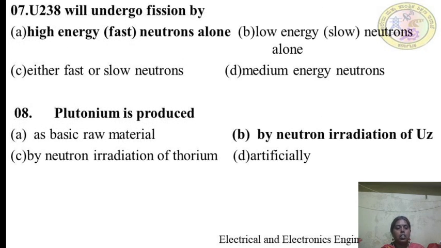Next, seventh. Uranium-238 will undergo fission by A. high energy fast neutrons alone, B. low energy slow neutrons alone, C. either fast or slow neutrons, D. medium energy neutrons.